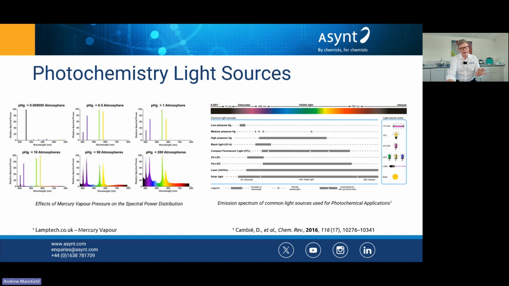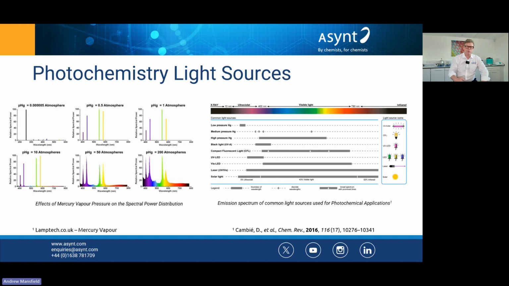If we look on the left, that's showing mercury lamps. We can have low, medium, and high pressure, and they give different emission spectra. The low pressure lamps can be essentially monochromatic, but in the UV region. When we start to go up into the visible light by increasing the pressure of the lamp, you can see we start to increase that range of wavelengths, so we have a broader spectrum of emission.